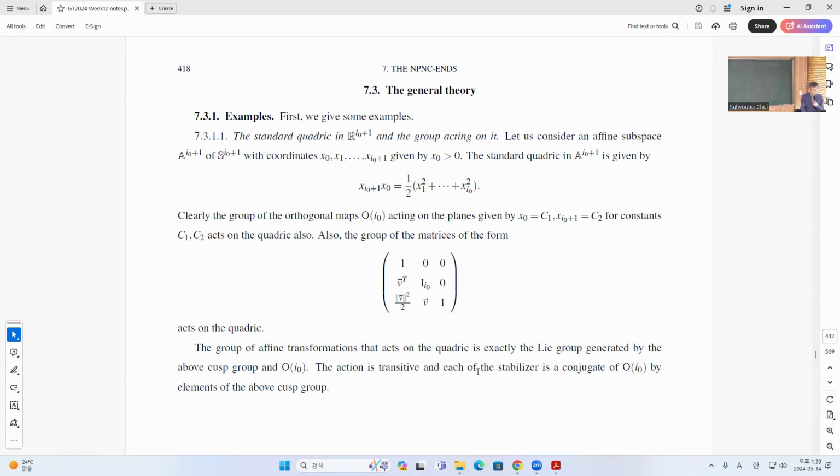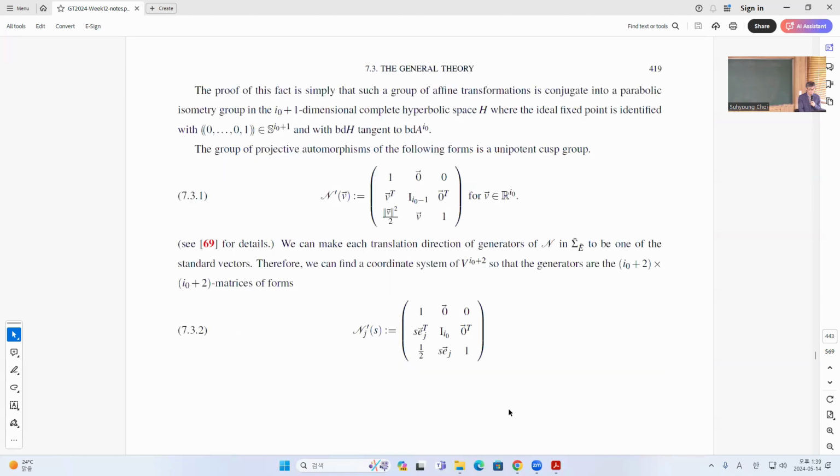And so the affine transformation that acts on this is exactly the Lie group, this group O I0. Okay, of course that acts on here. Okay, so this group is transitive and stabilizers are always conjugate to this group. And so this group, you can write it n prime v0 for v in R^I0.